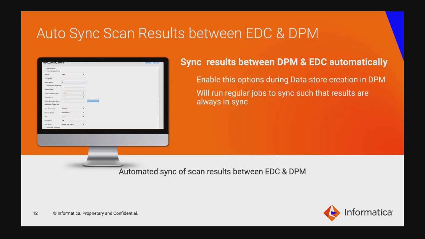If you have scheduled scans in EDC to happen every week, every day, or every month based on your specific use case, these scan results will be brought into DPM automatically. There's an auto sync job that runs at regular intervals, and the data can be brought back in. In the previous screen, you saw that you had to trigger an action. In this screen, you don't have to trigger an action. You can click a button and say, do an auto sync, and this will automatically happen whenever the regular sync job runs.